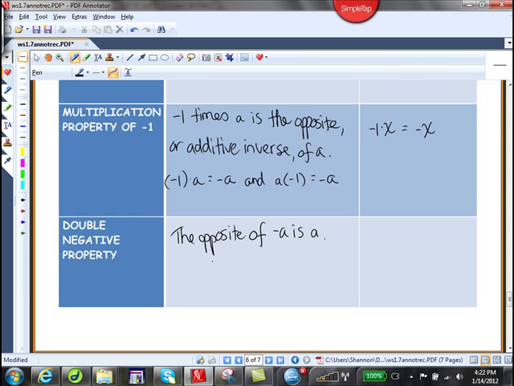So in Mathies, the opposite of negative a equals a. And we've encountered that a few times now. So if we have 5 minus negative 2, that's equal to 5 plus 2. So minus a minus is a plus.